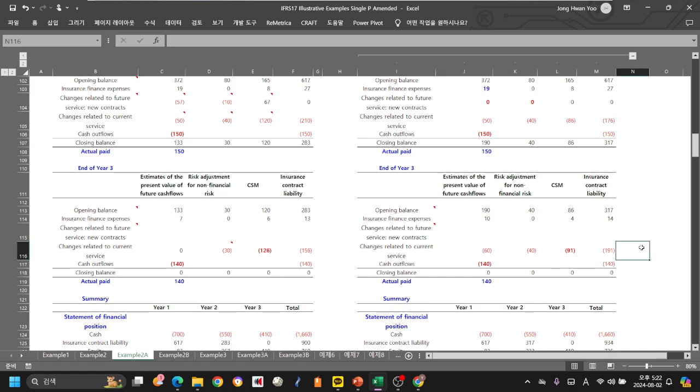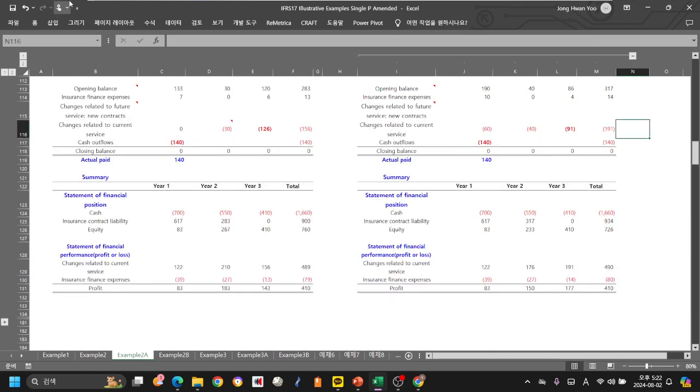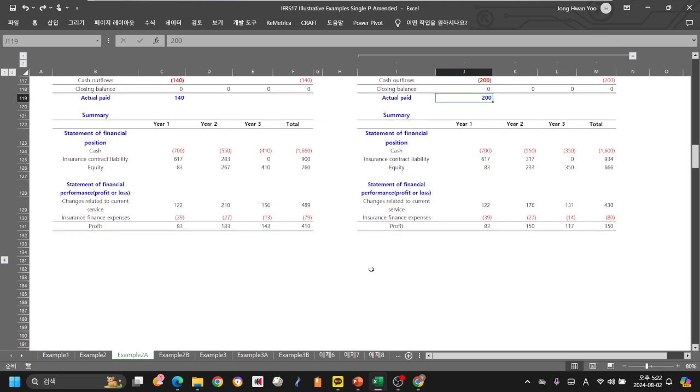Okay, and you can compare something like this. The first year is the same, but the second year is 183 versus 150. That's what the difference makes, whether you change the assumption or you don't change the assumption.